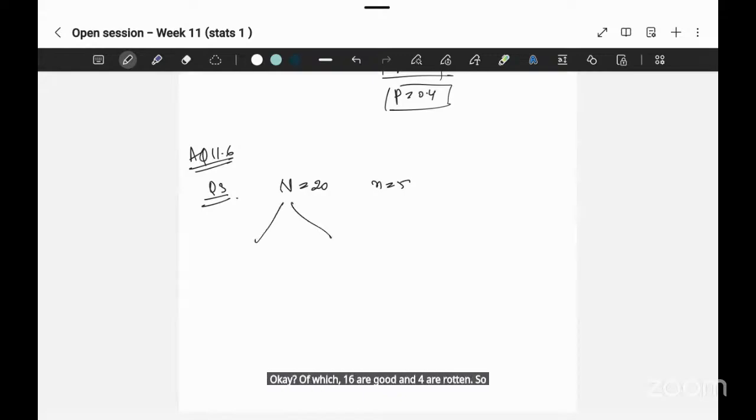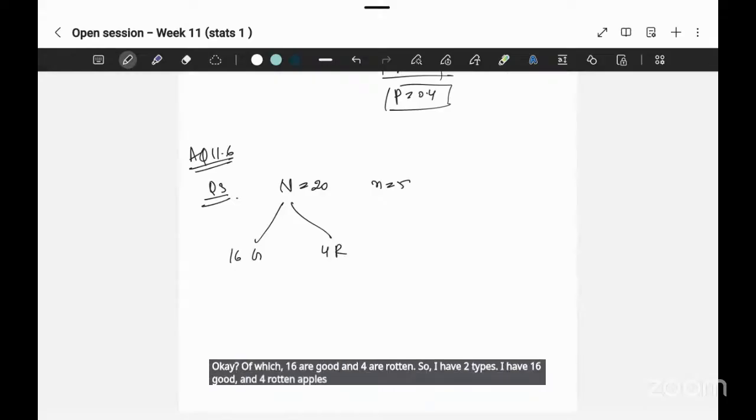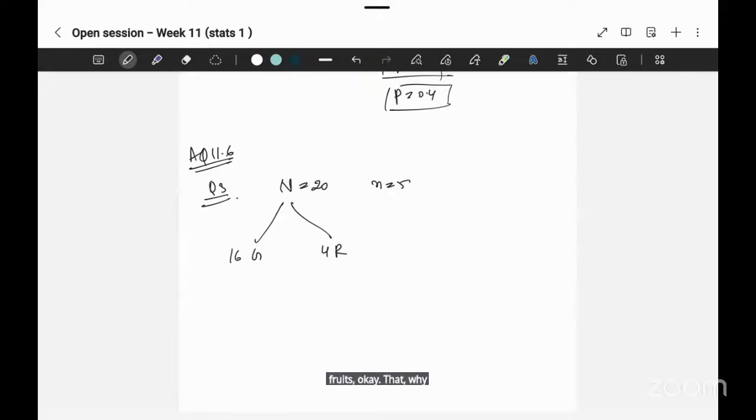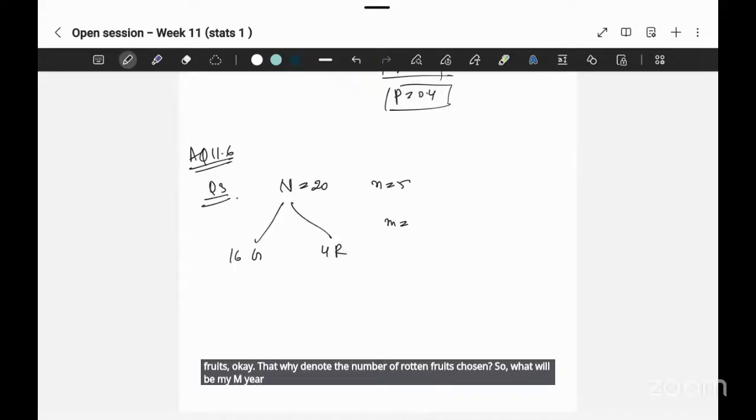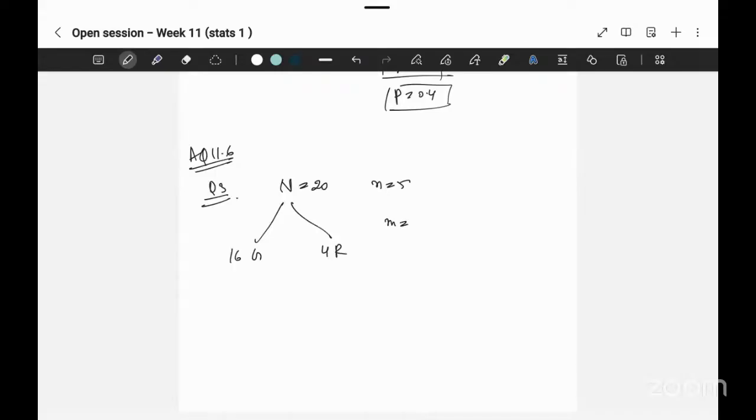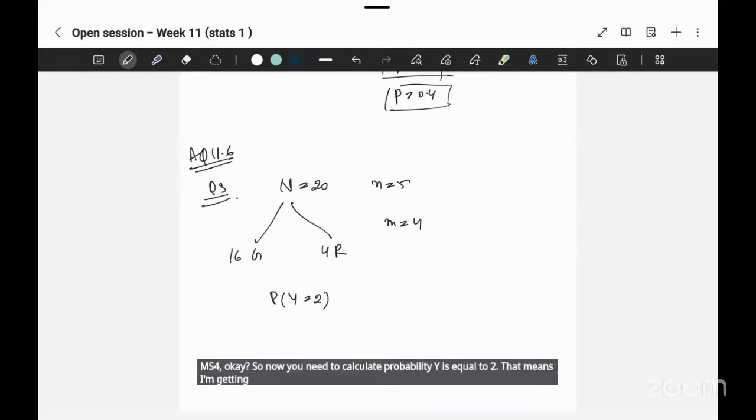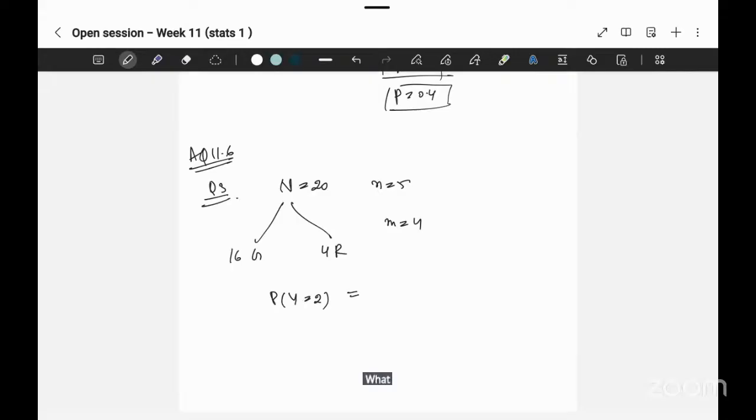So I have two types: 16 good and 4 rotten fruits. Let Y denote the number of rotten fruits chosen. So what will be my m here? Four. M is 4. Okay, so now you need to calculate the probability Y equals 2. That means I'm getting 2 rotten fruits. What is this value?